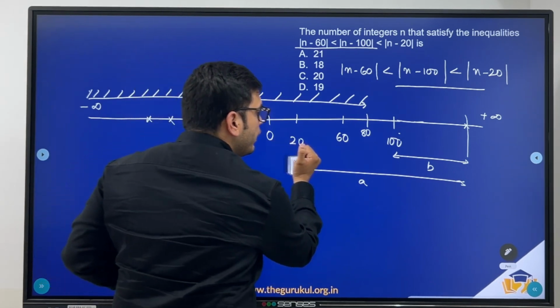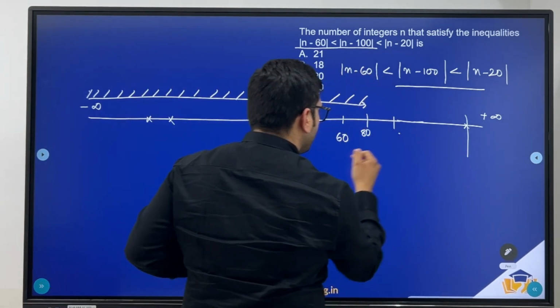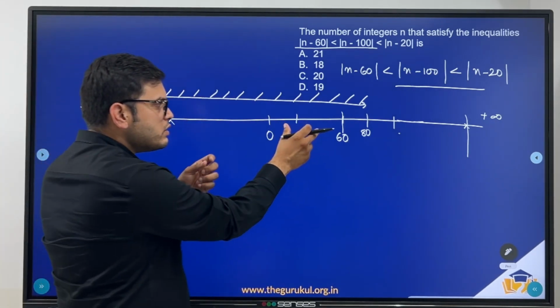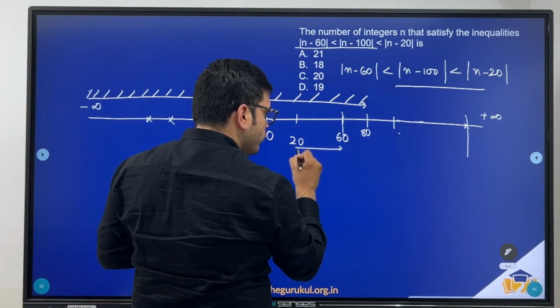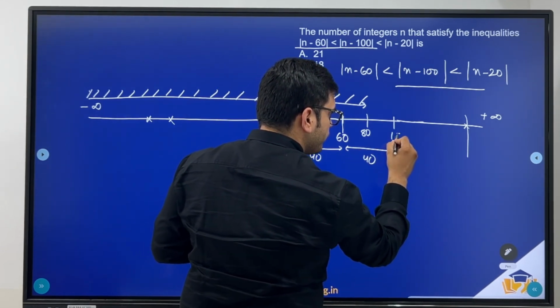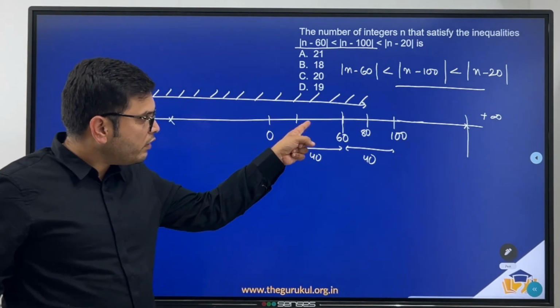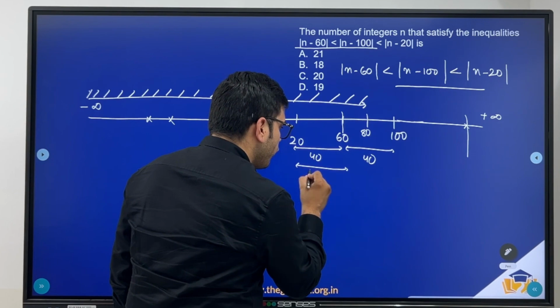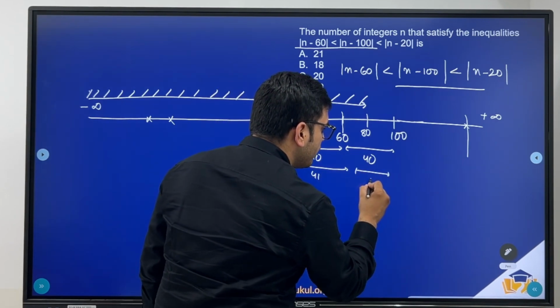Now between 20 and 100, what is the midpoint? 60, right? Now when n is equal to 60, the distance between these two is 40, and the distance between these two is also 40, right? Now if I take the value to be 61, you have this distance as 41 and this distance as 39.